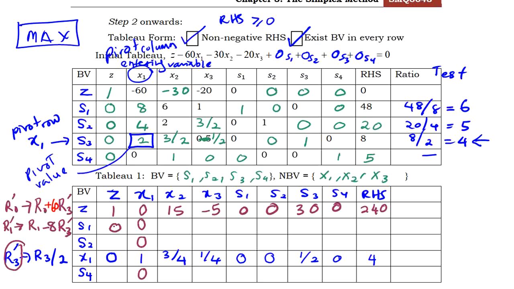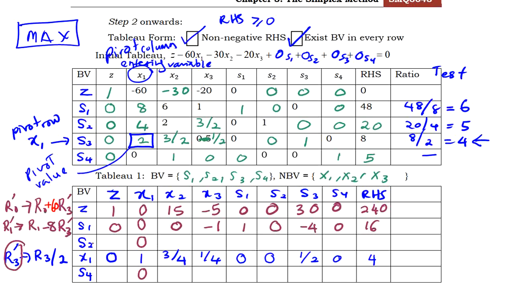So we get 0, 0, 0, negative 1, 1, 0, negative 4, 0, 16.